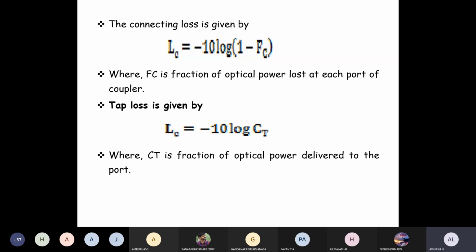You can see that the connecting loss is given by LC, loss C, that is LC equals minus 10 log of 1 minus FC. What is FC? FC is the fraction of optical power lost at each port of the coupler.